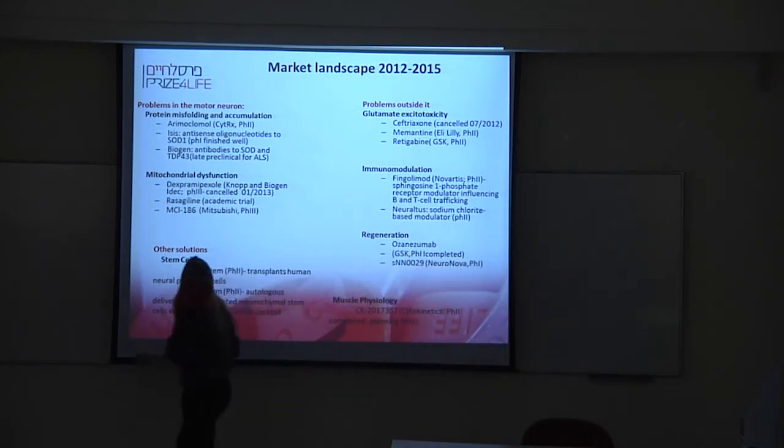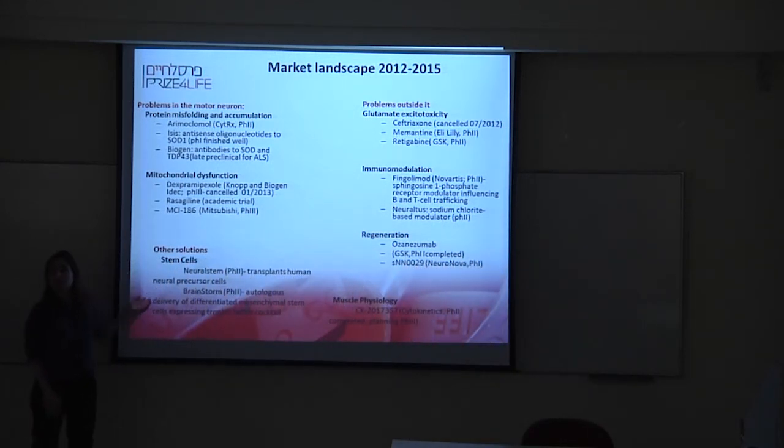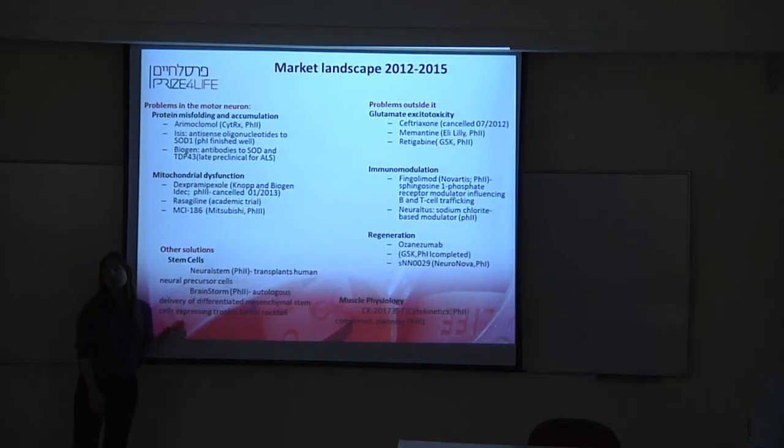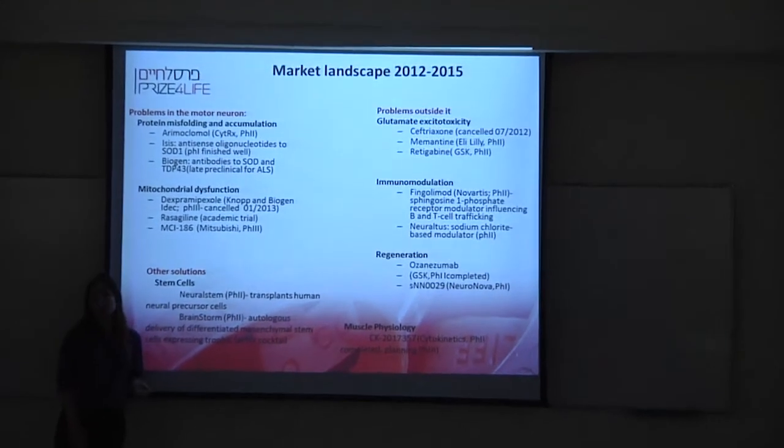Another approach to compensate is through stem cells. So what if you inject stem cells, either to replace the motor neurons by iPSC-derived motor neurons from a donor, from an external source, or you could use autologous delivery of stem cells and really use it as a delivery mechanism.